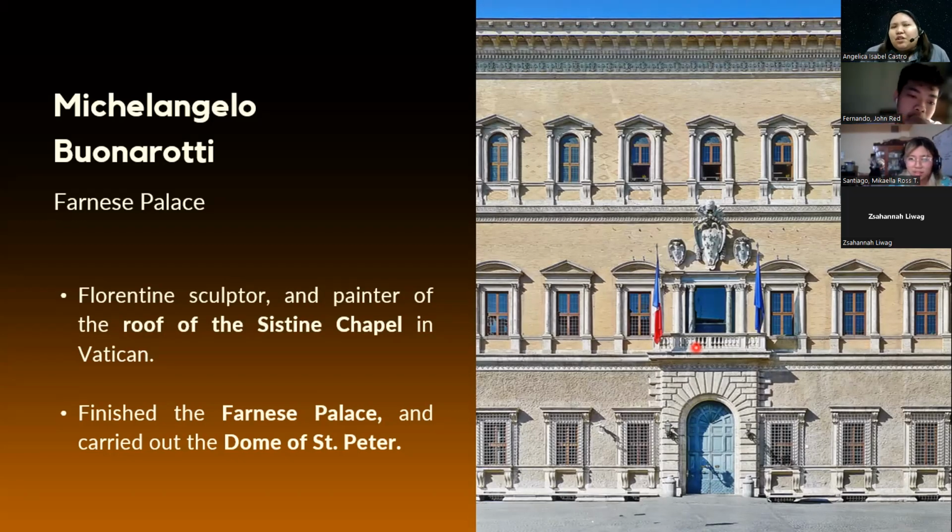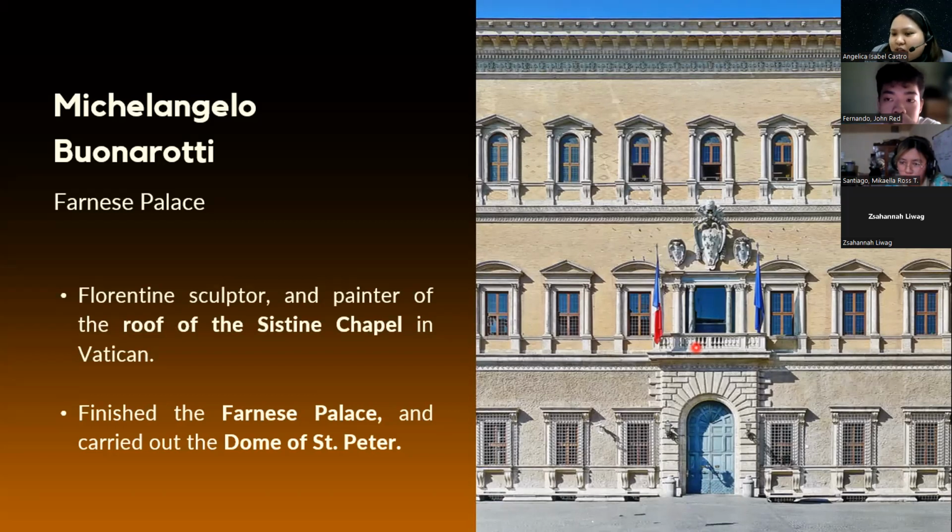One of Michelangelo's buildings was this one, the Farnese Palace. So Michelangelo was a Florentine sculptor and the painter of the roof of the Sistine Chapel in Vatican. He finished the Farnese Palace and carried out the dome of Saint Peter.